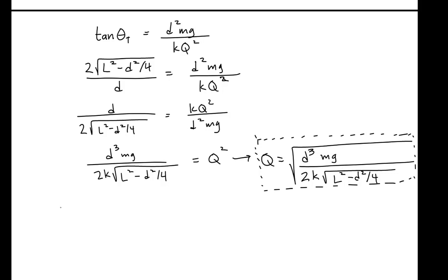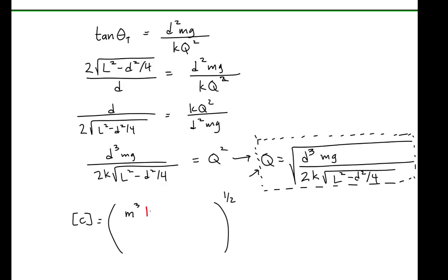The unit of charge q on the left is the coulomb. Now let's look at the square root. I'm going to write the square root as a power of 1/2. In that square root, I have d cubed. d is a distance, so it has units of meters, so that's a meter cubed.